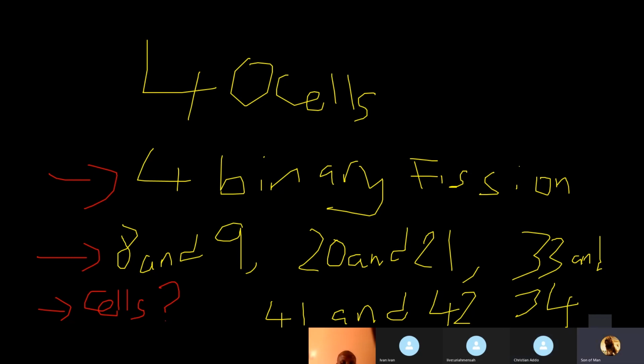Okay, when you added your 8, 12, 13, 8, and 3, what was the total? 44 cells. Okay, why 44? Because the original filament was having 40 cells.